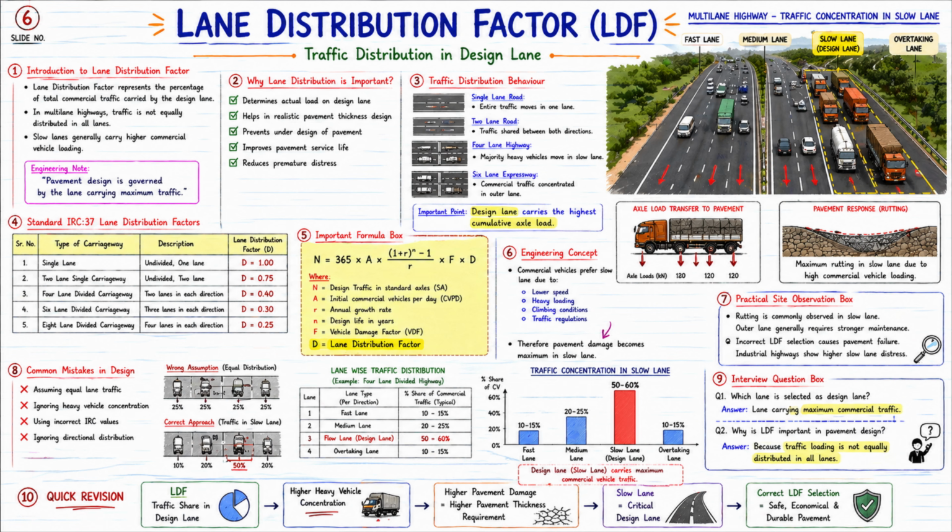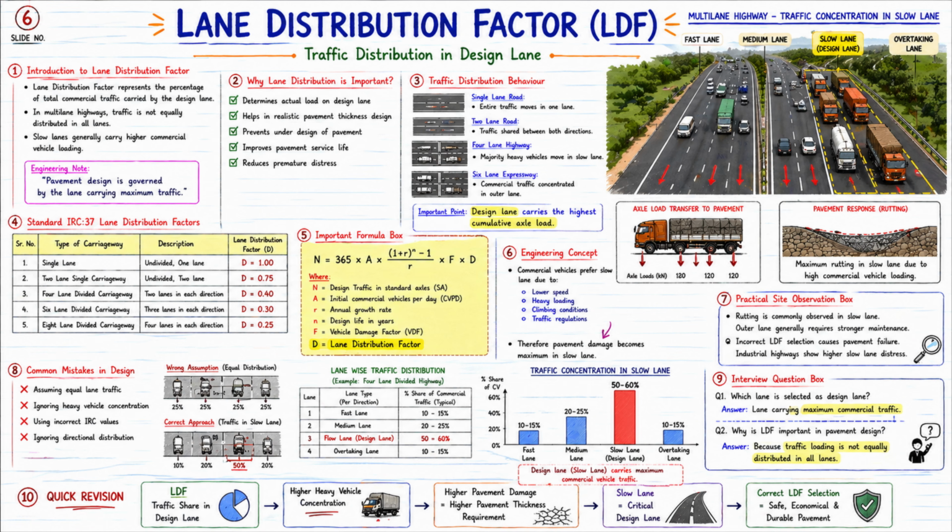Lane distribution factor (LDF). 1. Introduction to lane distribution factor. Now first of all let us understand the definition. Lane distribution factor represents what percentage of total commercial traffic the design lane is carrying. Now traffic is not equally distributed in multi-lane highways.